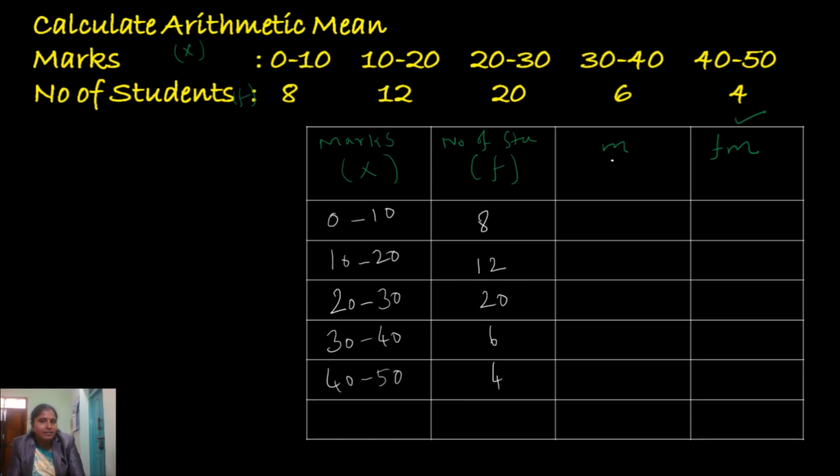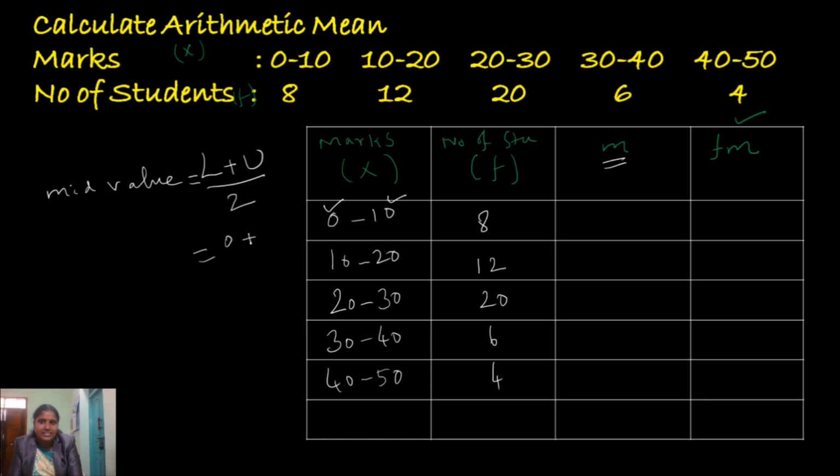m is nothing but the mid value of each class interval. How to calculate the mid value: it is the lower limit of the class interval plus the upper limit of the class interval over 2. For the class interval 0 to 10, 0 is the lower limit and 10 is the upper limit.